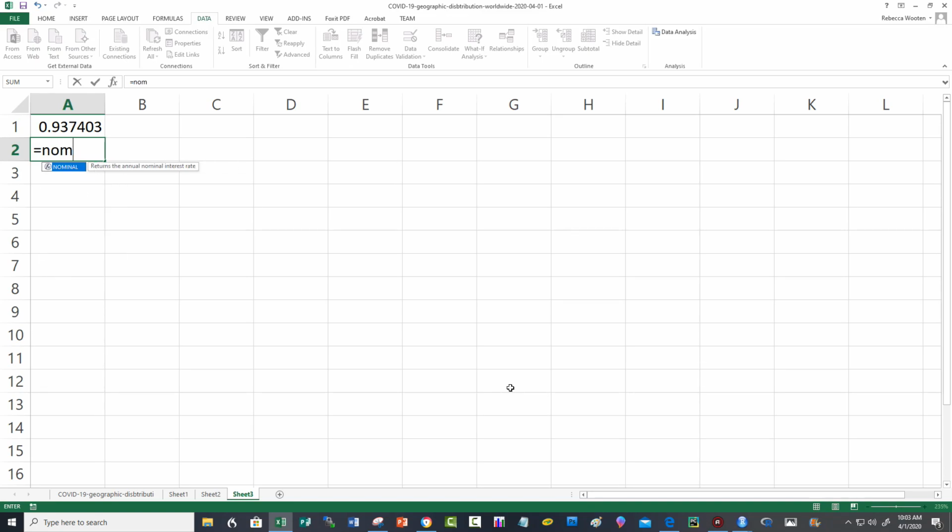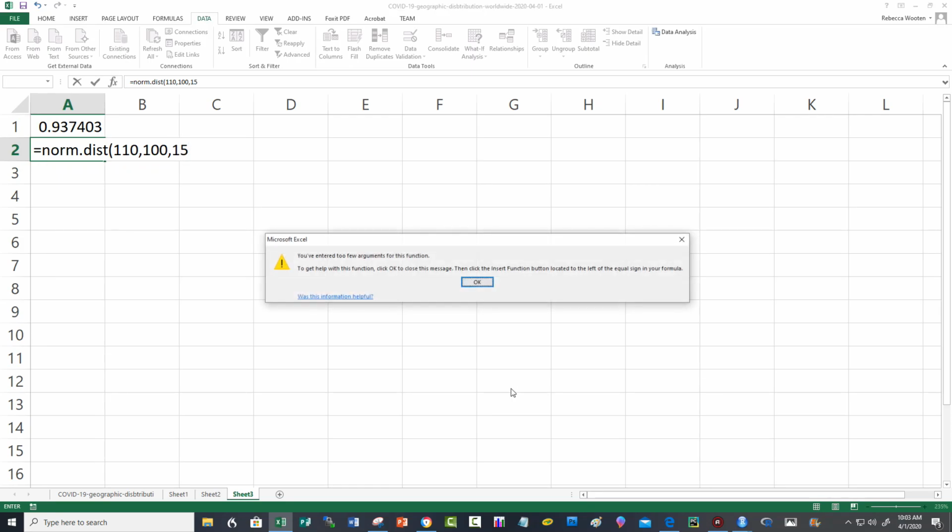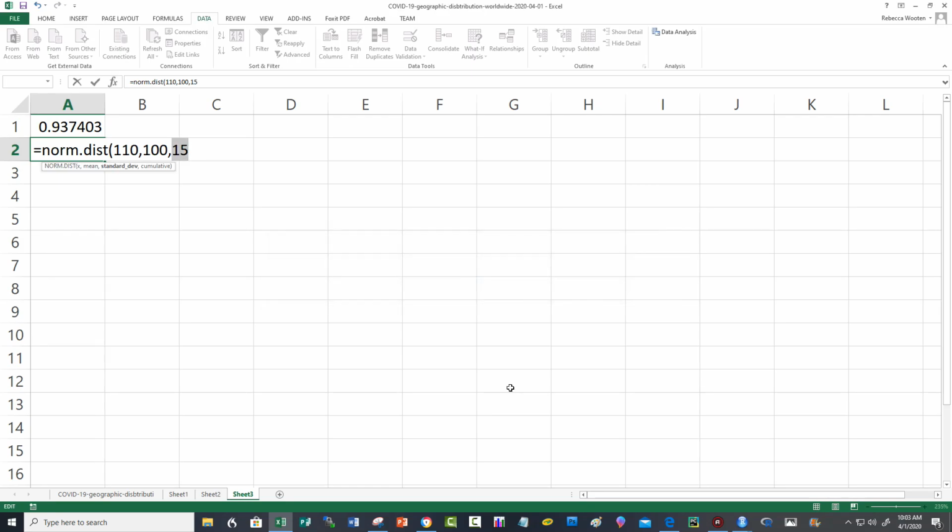It is also normal distribution. This time we wanted 110 with a mean of 100 and a deviation of 15. Yeah, I know, I forgot a parenthesis. Oh, I forgot to tell it I want it cumulative.